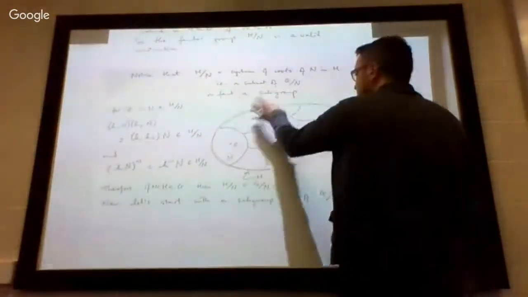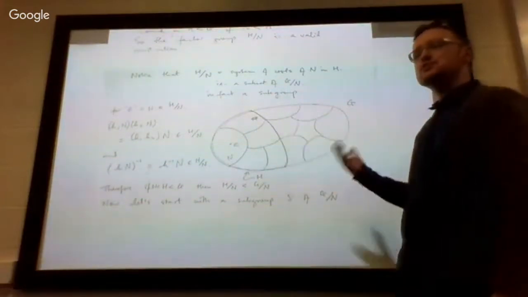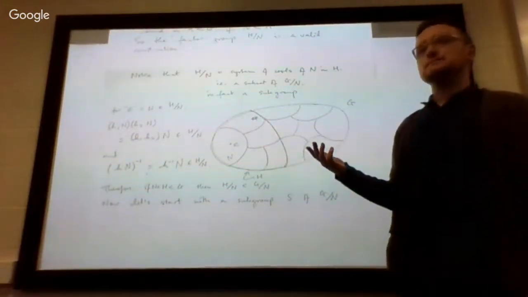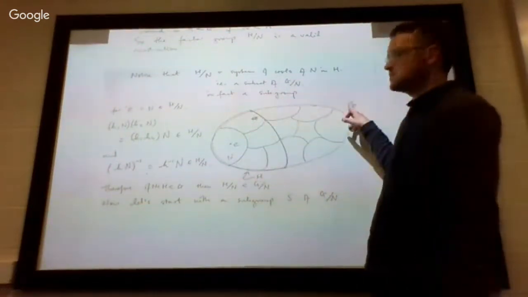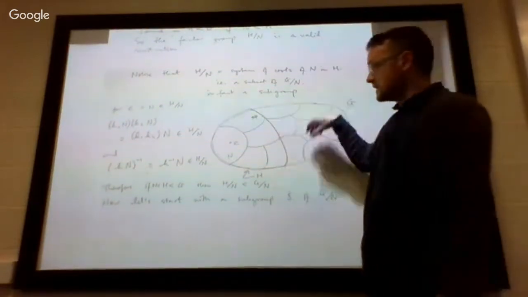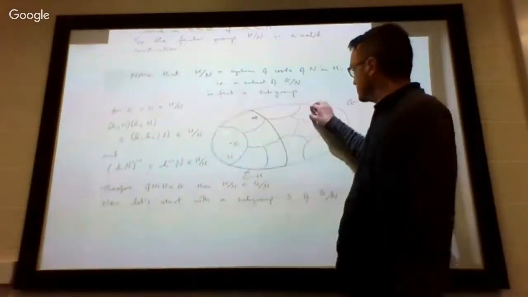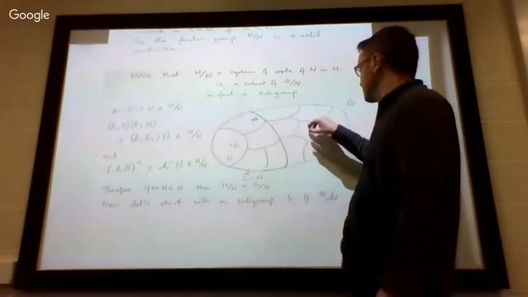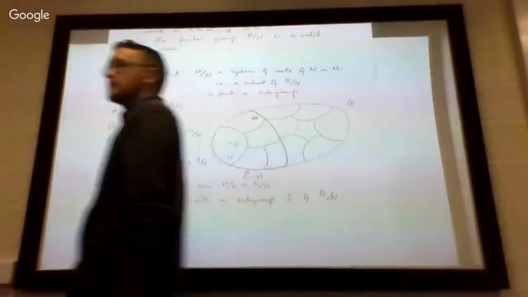S is some subset of these cosets within G, and we presume it forms a subgroup. Some nice closed system of some of the cosets in G that act like a little group themselves. So it'll certainly contain N at least. Might contain this one out here, this one, this one, this one. And we're assuming that it acts as a subgroup.